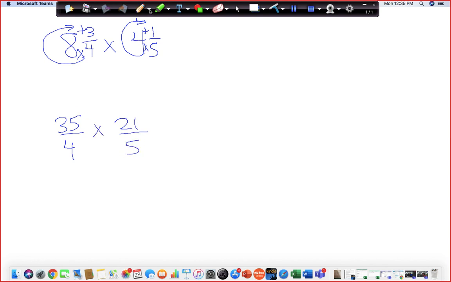We can cross cancel here one way. 5 goes into both 5 and 35, so 35 divided by 5 is 7, and 5 divided by 5 is 1.